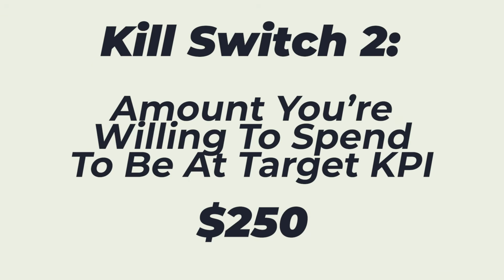Other times you'll see it get nothing on day 1, but on day 2, 3, and so on, it begins to get more purchases at a lower cost. That means that maybe by the time you reach the kill switch number 2 threshold, your overall results might be lower than your KPI, but trend-wise, you're on track. You're trending in a good direction.